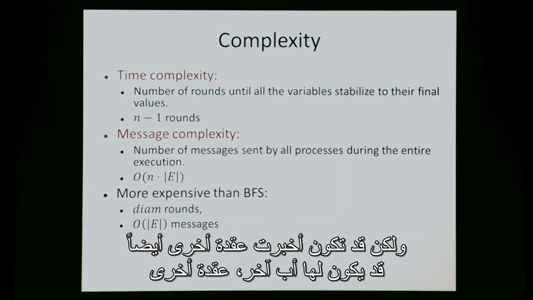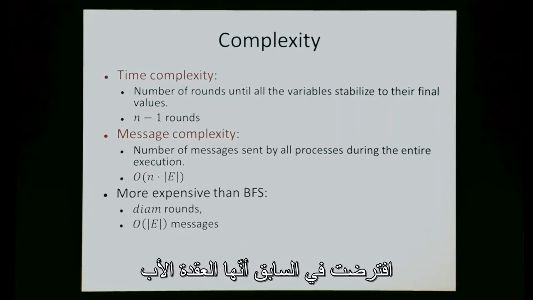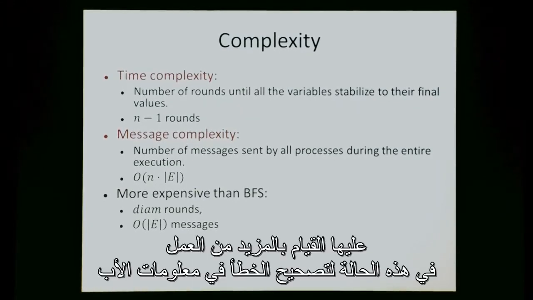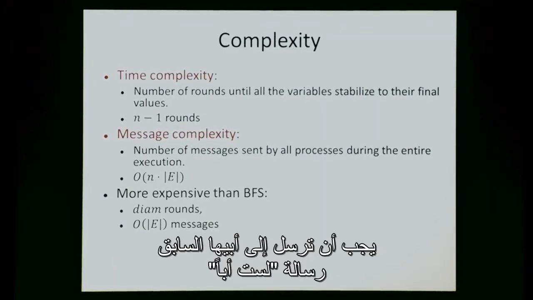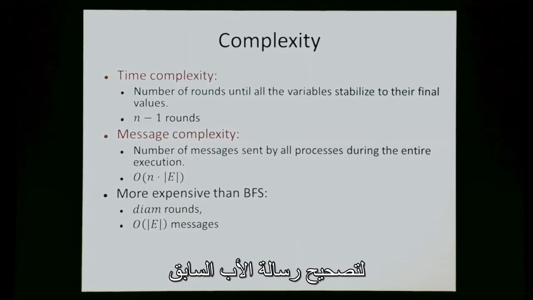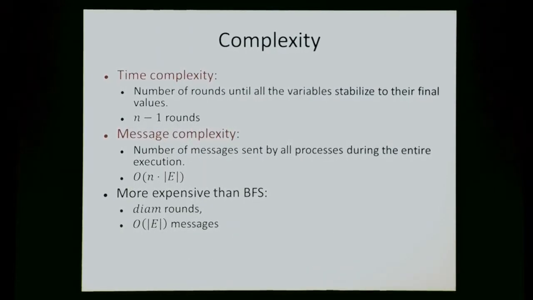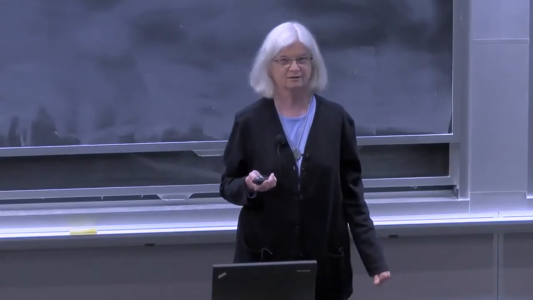But it might have another node that previously it thought was its parent. So it has to do more work, in this case, to correct the erroneous parent information. So it has to send its previous parent a non-parent message to correct the previous parent message. Okay, so things are getting a little bit trickier here.